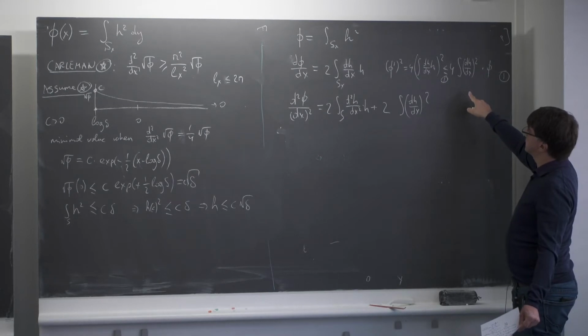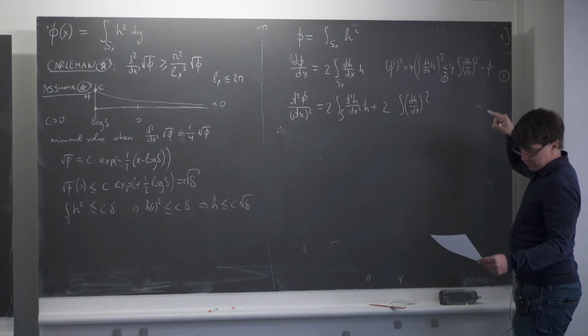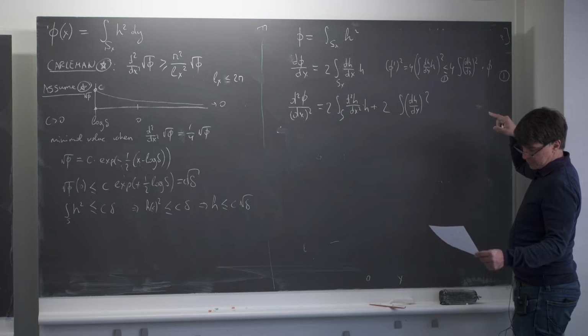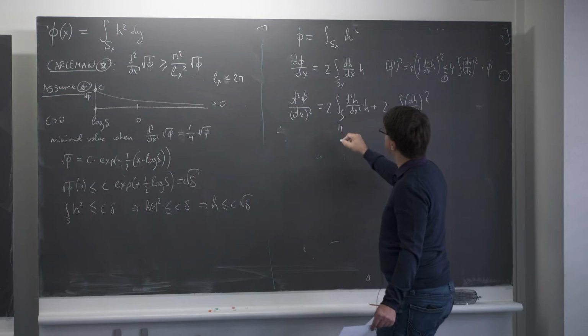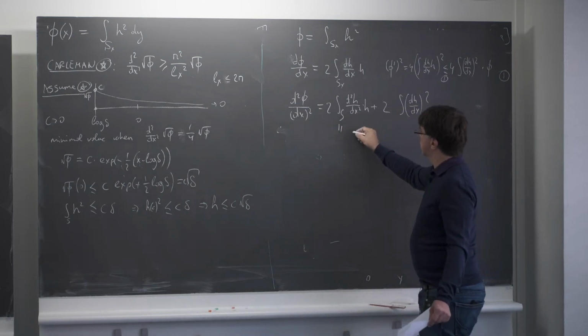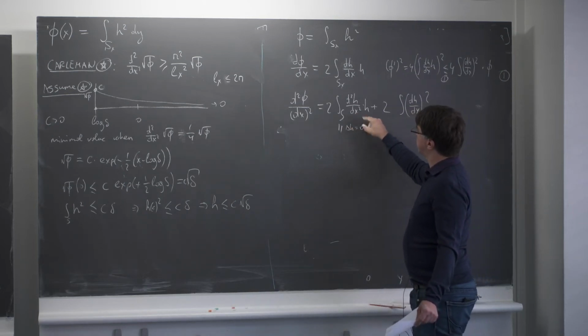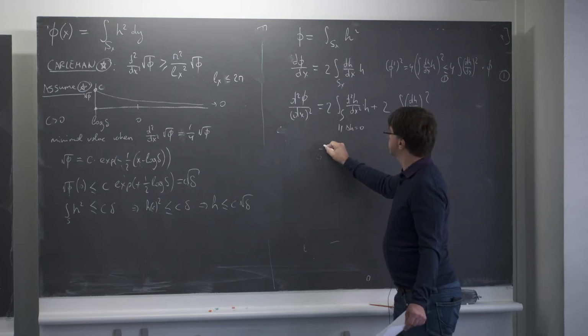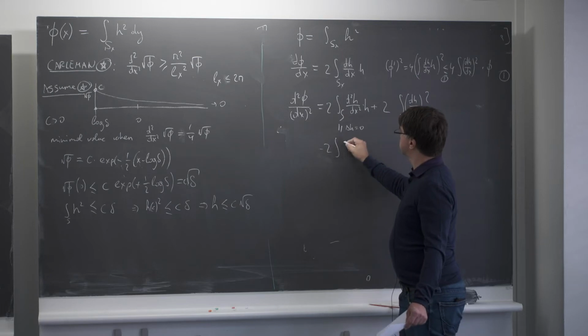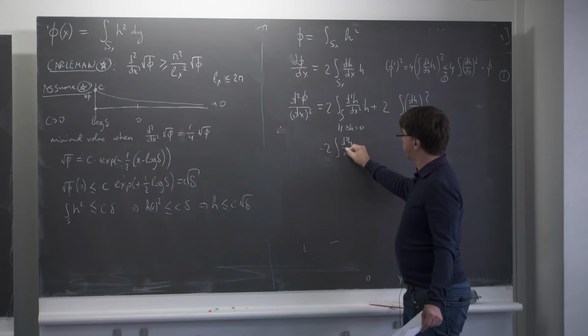No, let me see, what do I want to do? No, the first one I prefer to estimate by parts. First, because the Laplacian of h is 0, this is minus the second derivative in y. So it's minus twice the integral of the second derivative in y.